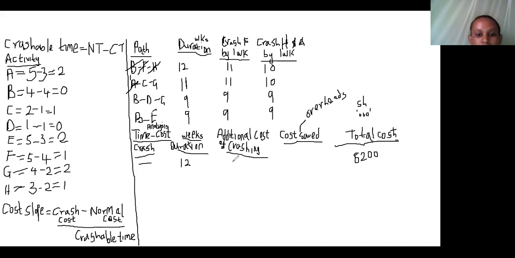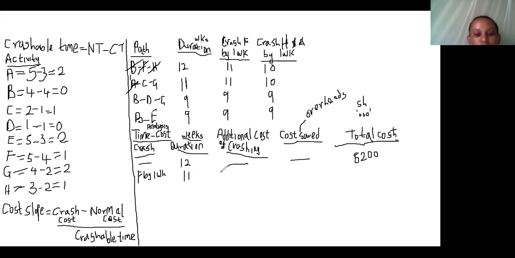Since there was no crash, meaning there was no additional cost and nothing that we were able to save, we performed the first crash guided by the previous table, and this was for activity F. We reduced F by how long? By 1 week. And the duration for the project was now at 11 weeks.